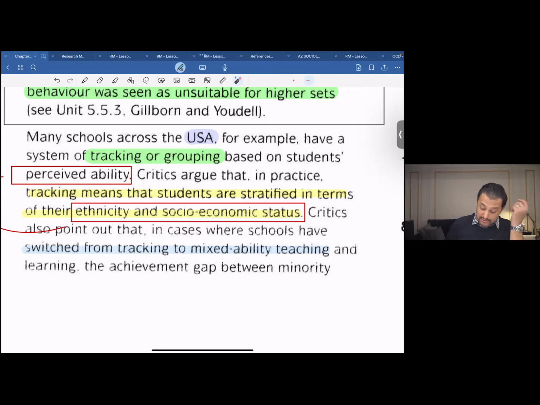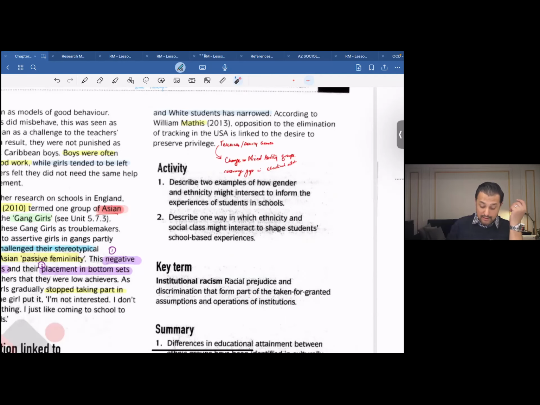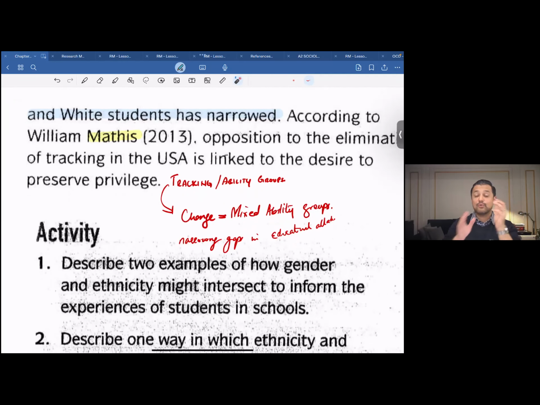Critiques also point out that in cases where schools have switched from tracking to mixed ability teaching, the achievement gap between minority and white students has narrowed. So what we're talking about is that if you get over dividing students into ability groups and try teaching them all together, the gap between the performance of the white majority and individuals from the ethnic minority has actually shrunk, narrowed, lessened, which is a very good thing.